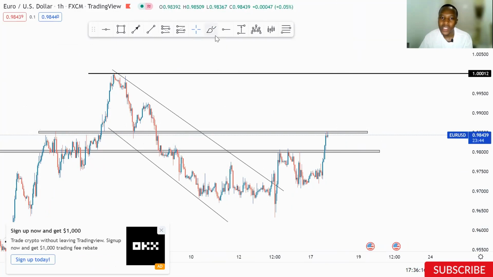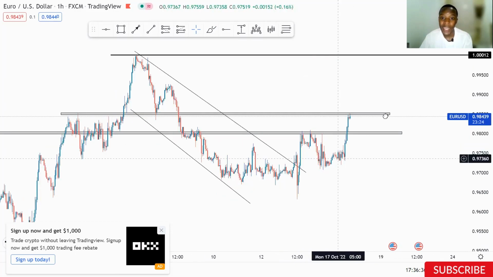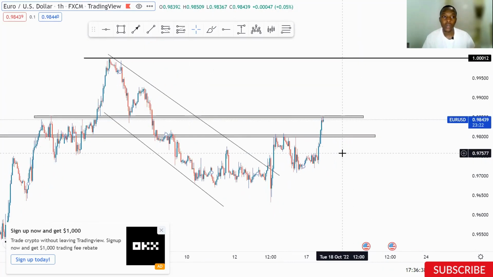But for me, I would say this is where we might get the retest, which is that you can buy from there. However, if you believe that the market is going to go to the upside, you can put in a buy stop which is above this current price. Then by the time the market reaches the top, it will trigger those trades on your behalf and then actually go to the upside. So this is my analysis on Euro USD.